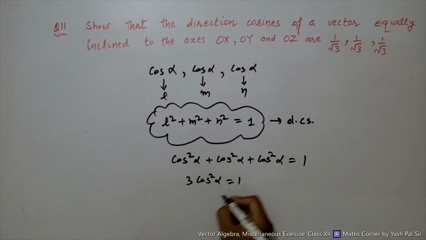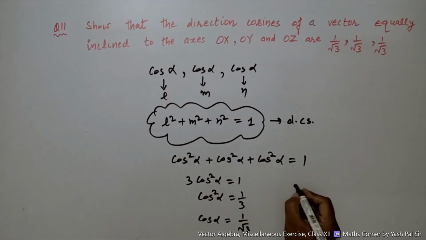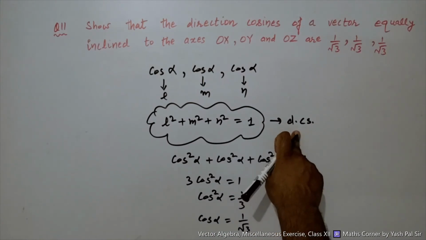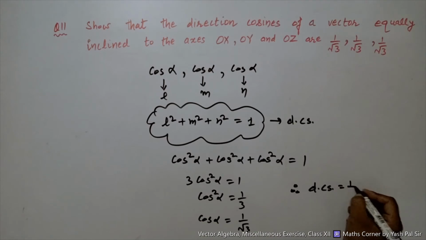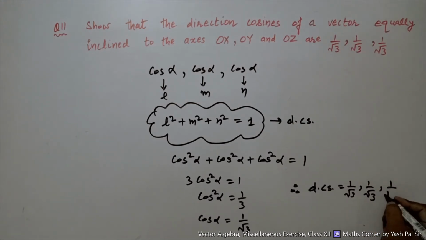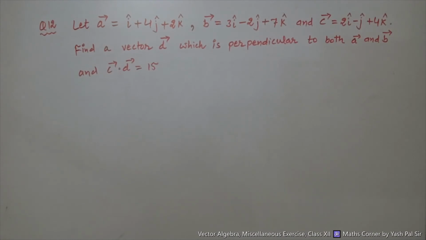That is 3 into cos square alpha equal to 1. That means cos square alpha equal to 1 upon 3. So cos alpha is equal to 1 upon square root 3. Therefore cos alpha, cos alpha, cos alpha are the direction cosines. That means direction cosines are 1 upon square root 3, 1 upon square root 3, 1 upon square root 3.